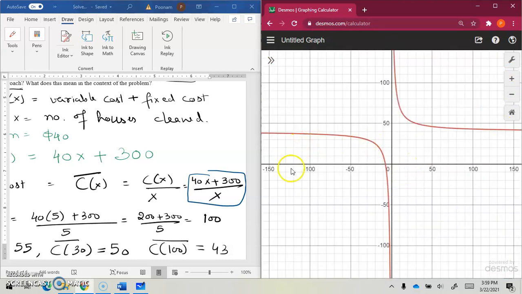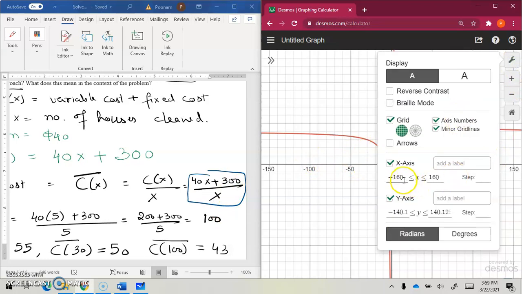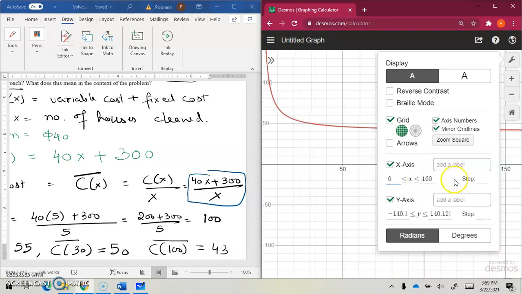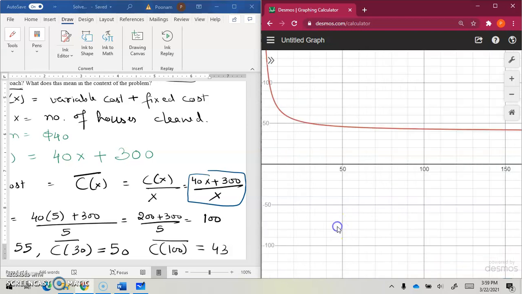Do not look at the left hand side branch. Why? Because x here is the number of houses cleaned. They cannot clean a negative number of houses. So we have to say that x is more than 0. We are only going to look at the positive x-axis. That means the first quadrant, right? Now see, the average cost of cleaning the houses is going down as x increases.